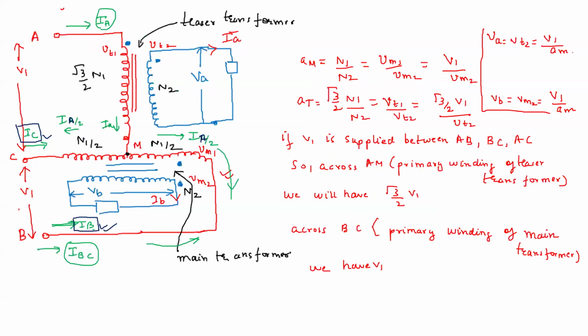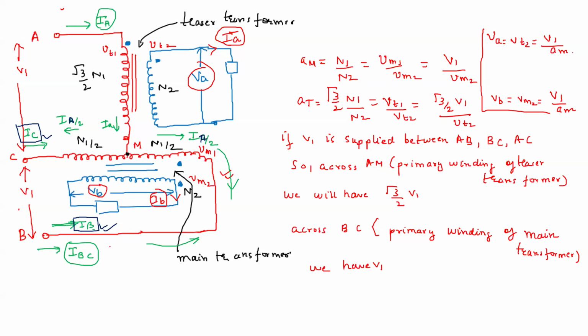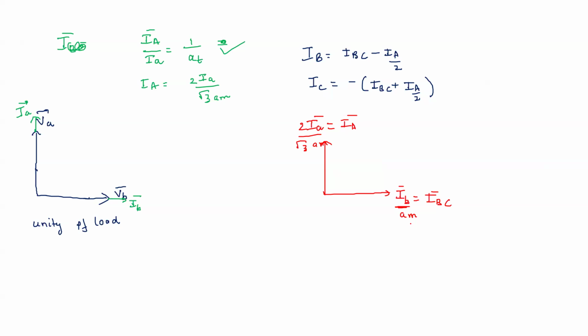So if the secondary currents are flowing like this, that this IA is in phase with VA and this IB is in phase with VB, this capital IA will also be in phase with small IA, but having the turns ratio. And this IBC, which is flowing on the primary side of the main transformer, is in phase with the small IB with this turns ratio. Okay, so that is how I'm drawing.